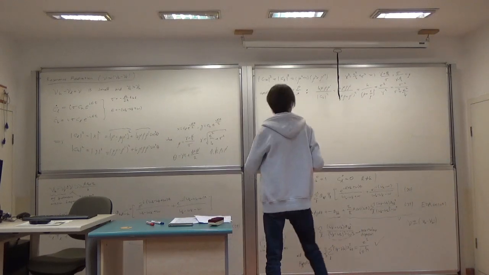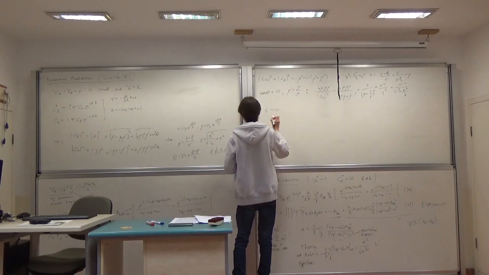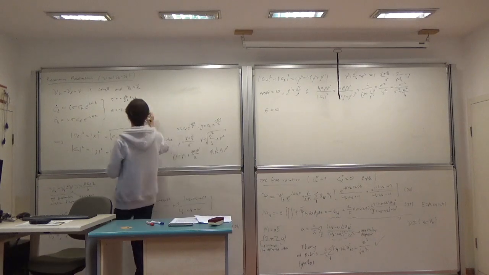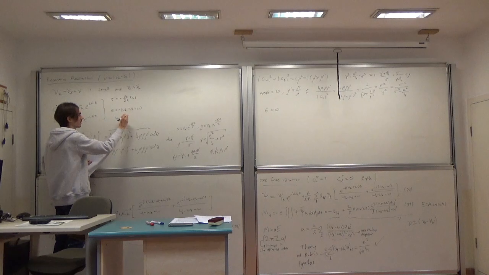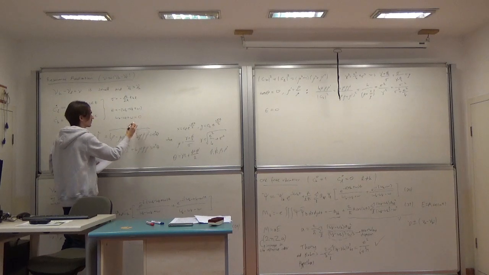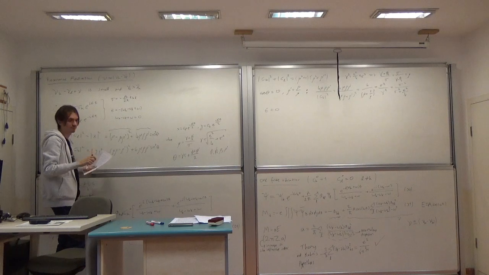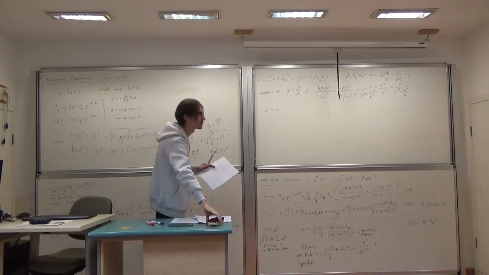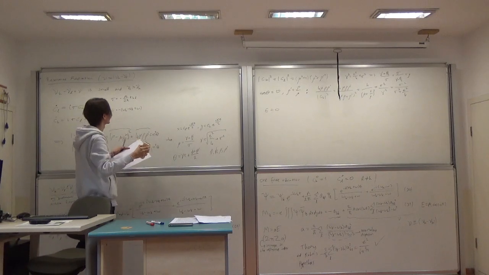Interpretation here will be when we have epsilon equals 0. What does it mean? That means nu k minus nu l plus omega equals 0. So frequency of the light field is equal to the spontaneous emission.